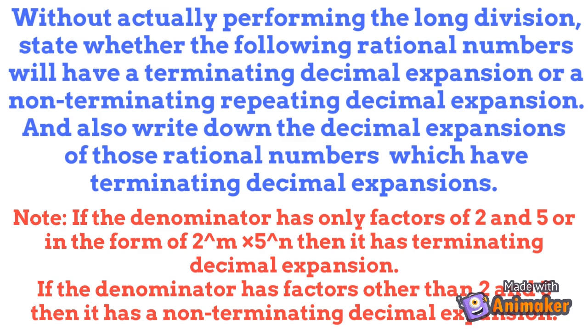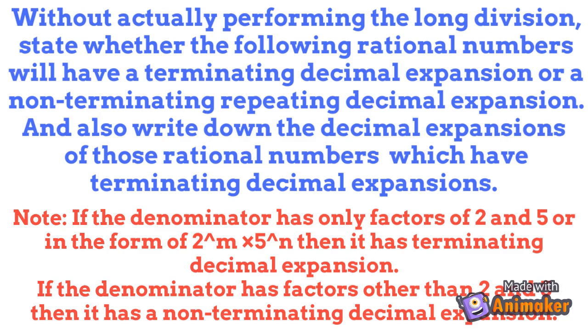You also remember one thing: without actually performing the long division, state whether the following rational numbers will have a terminating decimal expansion or a non-terminating decimal expansion. And also write down the decimal expansion of those rational numbers which have a terminating decimal expansion.